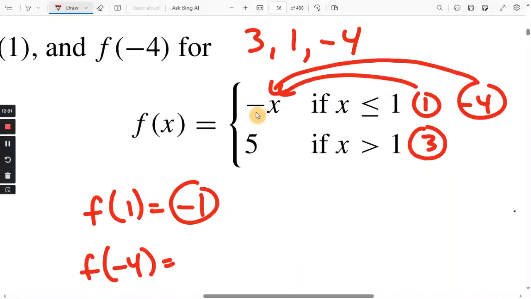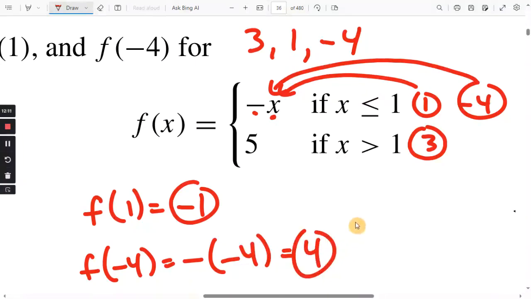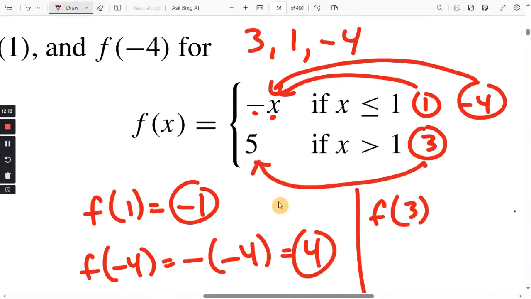So the negative 4 gets plugged in for x, it's going to be negative of negative 4, and we know 2 negatives make it positive. And finally, f of 3, there's nothing to plug it in. That's a constant function. So f of 3 is just going to give us 5.